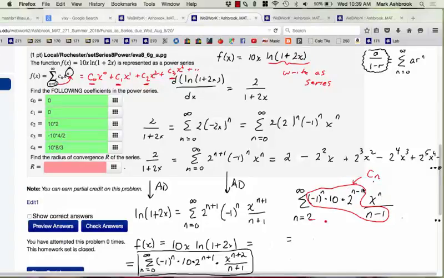Now all the rest is Cn, and I've got to adjust it because I just adjusted that n. I adjust so I get the right coefficient when I have x squared. When n equals 0, I had 10 times 2 over 1. So I had to make this n minus 1 and this n minus 1 so that I get 10 times 2 over 1 when n equals 2 now.